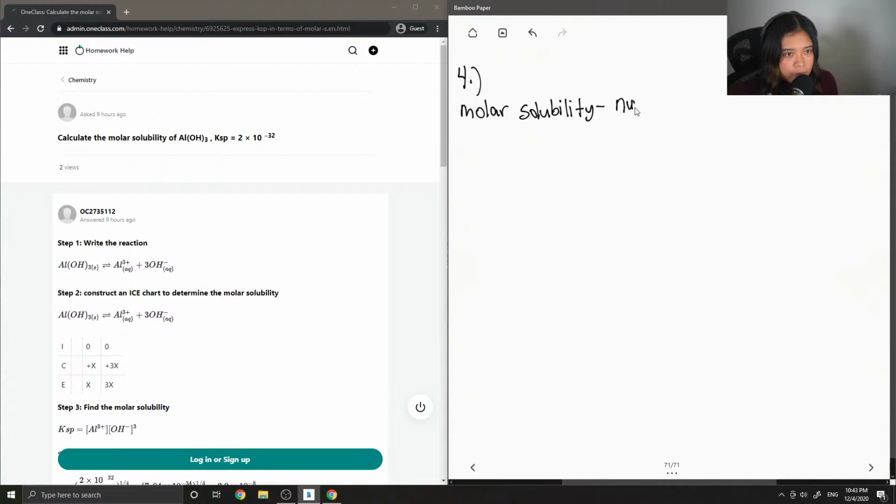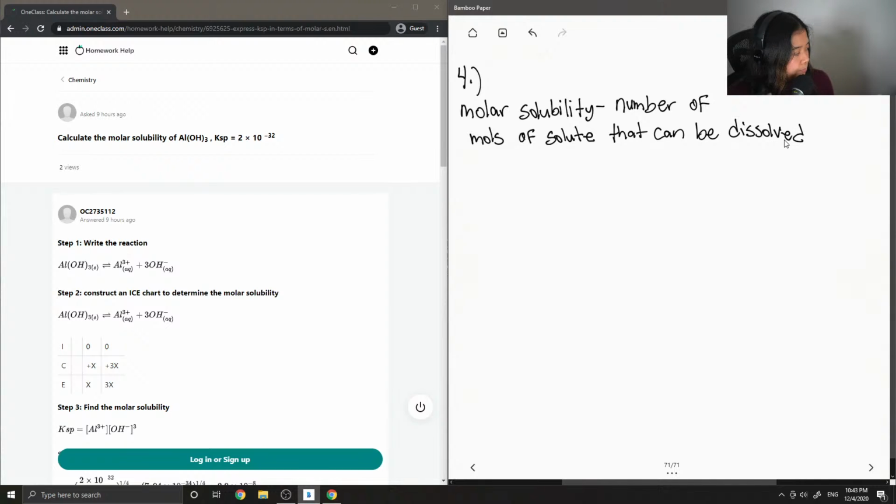This is the number of moles of solute that can be dissolved per liter of solution before it precipitates and becomes saturated.